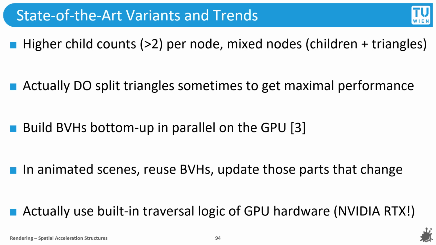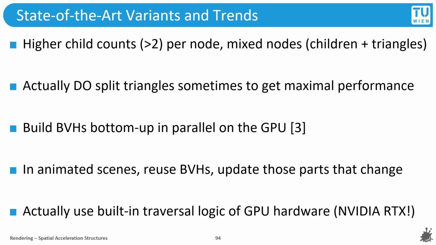There's also the concept of mixed nodes that can reference both child nodes and triangles within the same node. There's versions of BVH algorithms where actually triangles are being split, which, as we know, increases the amount of memory that it consumes, but there are cases and circumstances where this can improve actually the traversal performance.